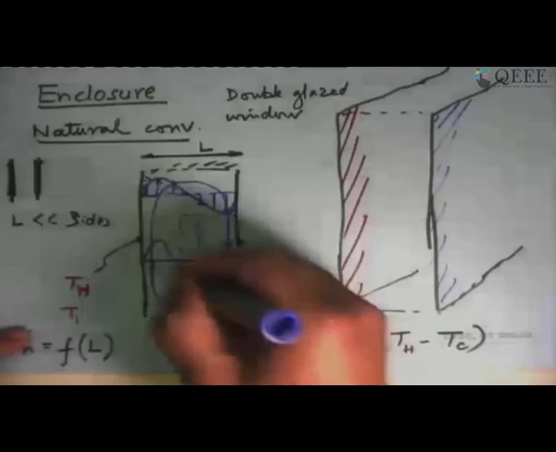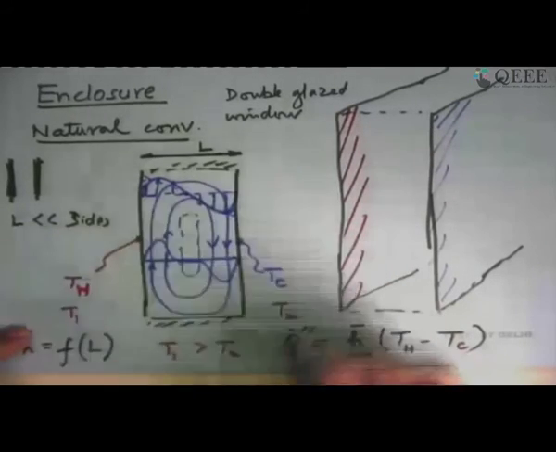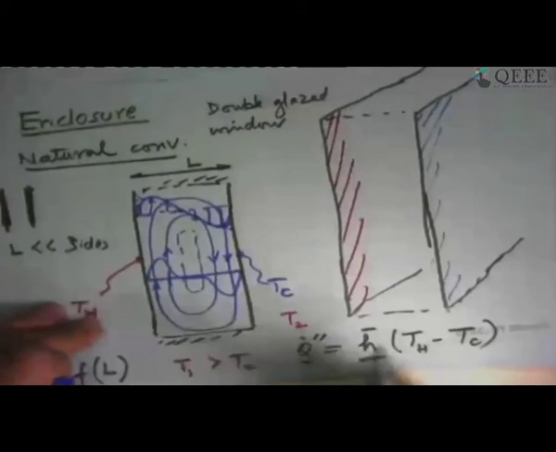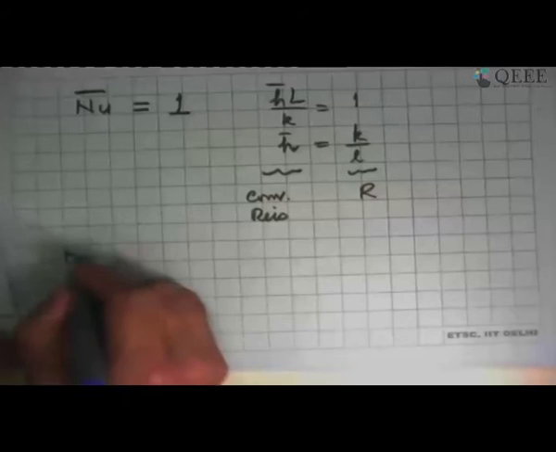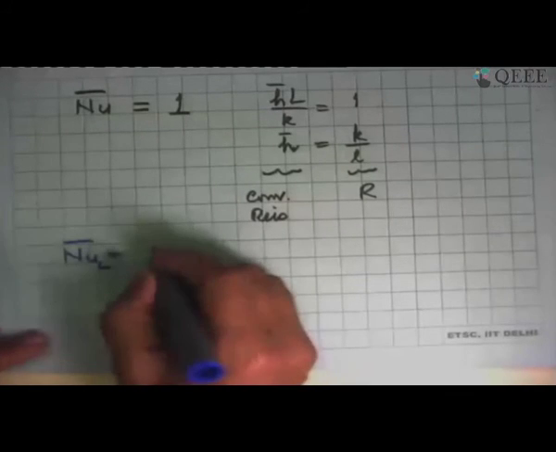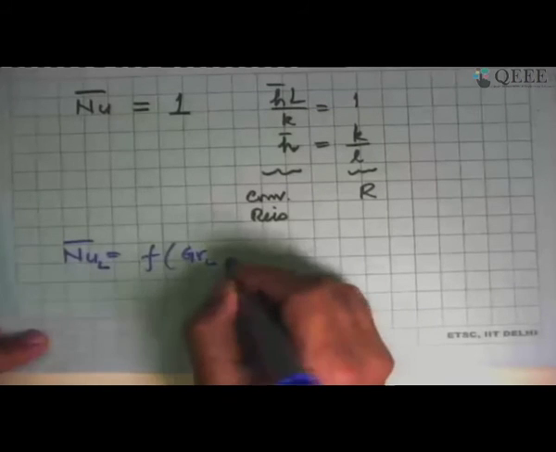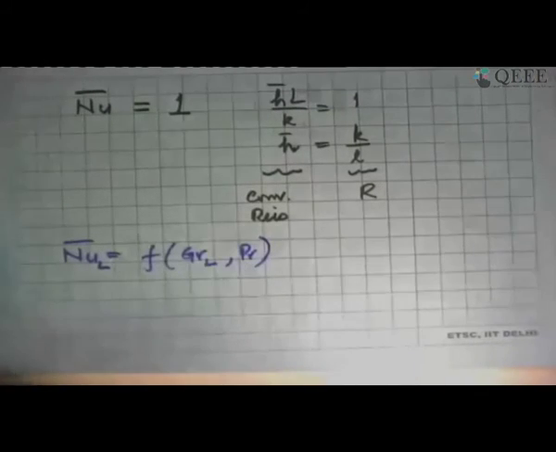So this wall ends up setting up these types of circulation currents, and they will then increase the Nusselt number. In each of these regimes, you have different equations for average Nusselt number based on the spacing as a function of the Grashof number based on spacing and the Prandtl number of the fluid.